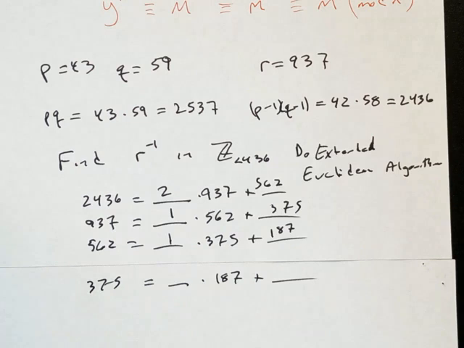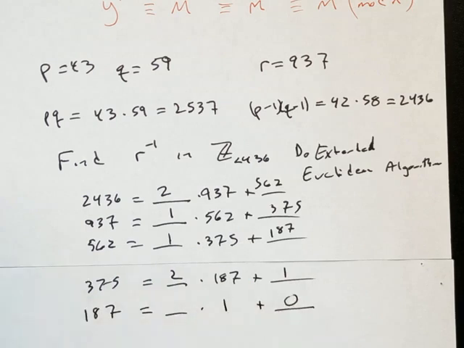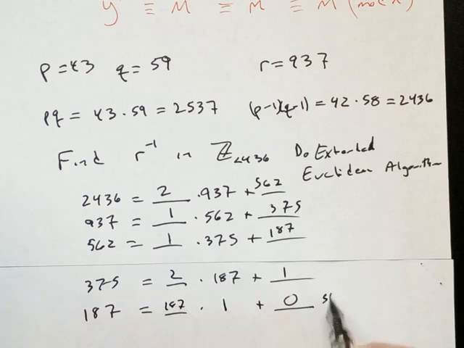The remainder is 1. Then 187 is something times 1 plus something, and that's a 0. That tells me to stop here, and the previous remainder is the greatest common divisor.